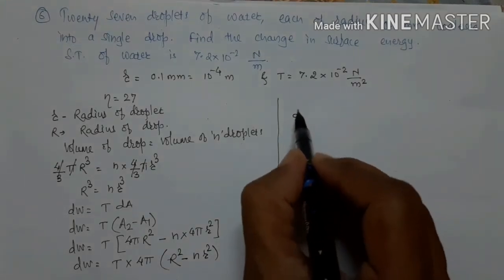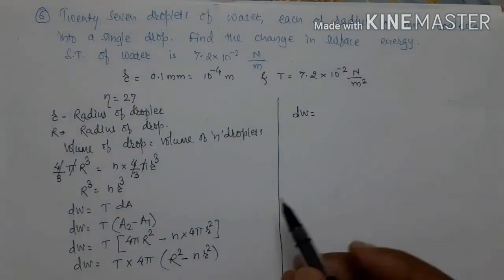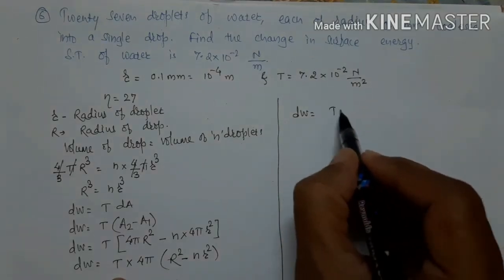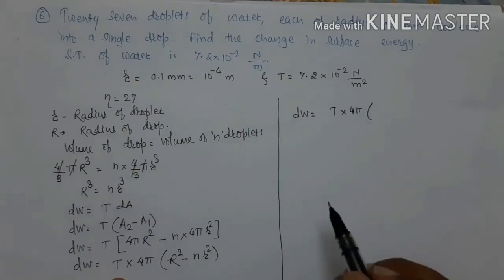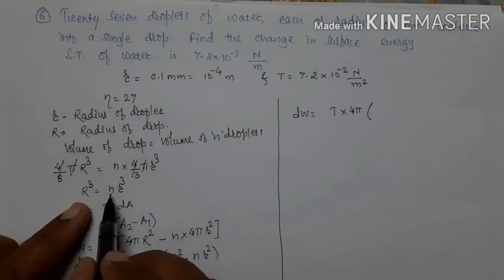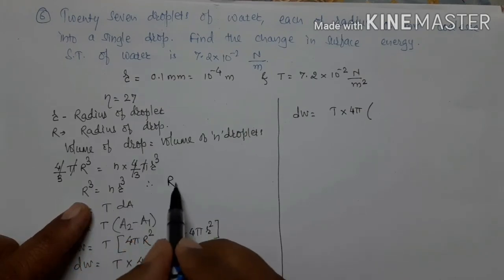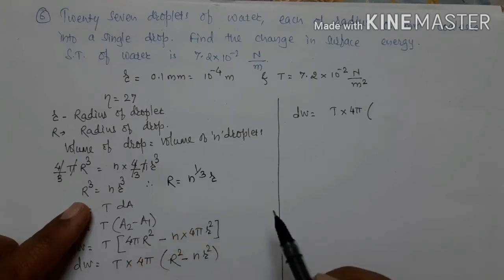Work done is the change of energy. Therefore the change of energy is equal to T into 4 pi in the bracket. R cube is n into small r cube, therefore capital R is equal to n raised to 1 by 3 into small r.